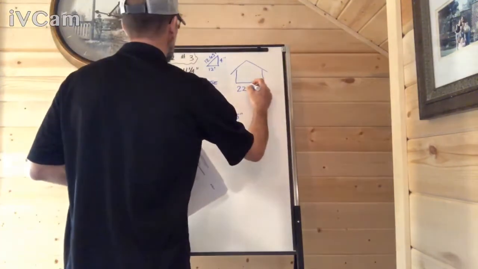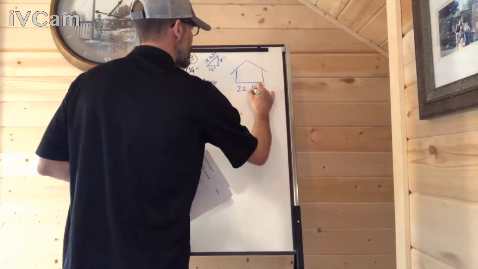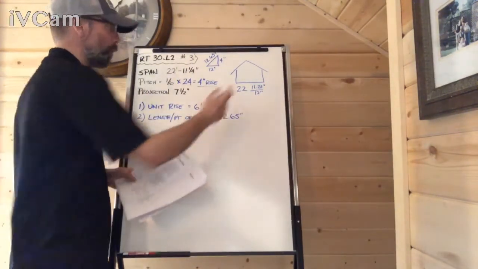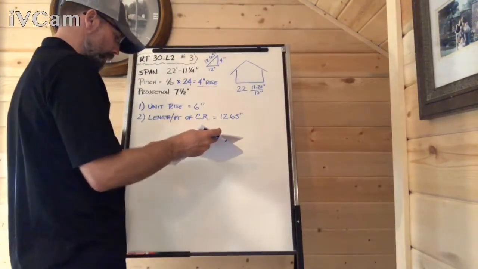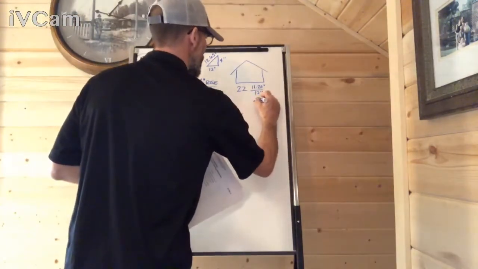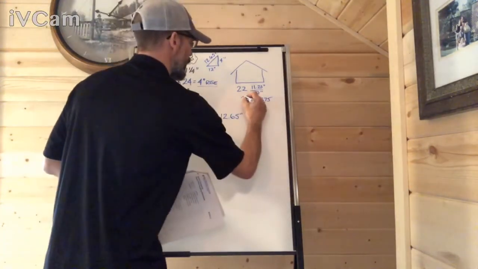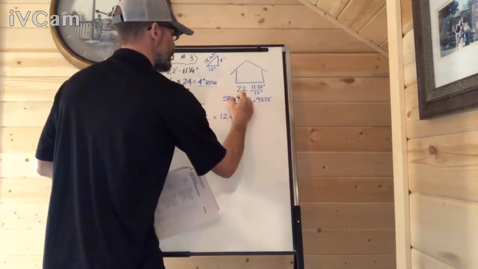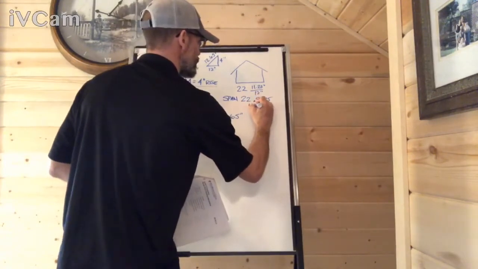So I take 11.25 inches, divide that by 12 inches, which gives me decimal units. It's not a full unit. When I punch that in, 11.25 divided by 12 gives me 0.9375 of a unit. I have 22 full units, so my span is 22.9375 units.